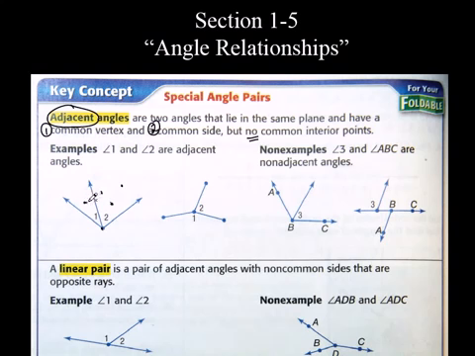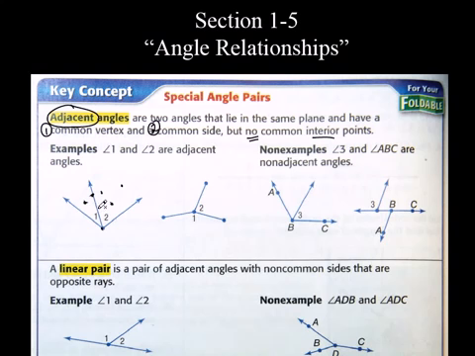Some people might say, what about right here? That's in both of them. Good try, but it's really not in either of them. It's on the angle. We're talking about interior points, and they have to be inside of the angle.